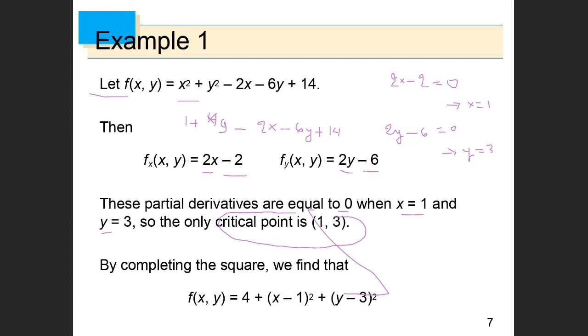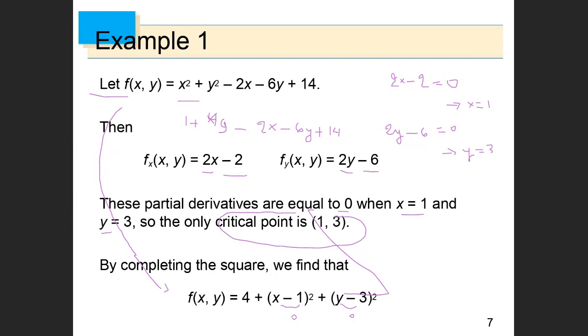So we are rewriting it like this. You can see now when you plug in 1, 3, what do you find? You find 0. So in fact, at (1, 3) you just minimize the function.